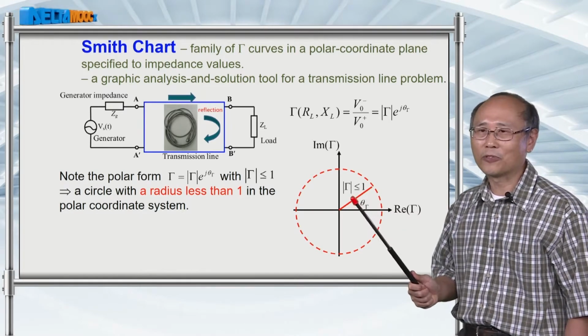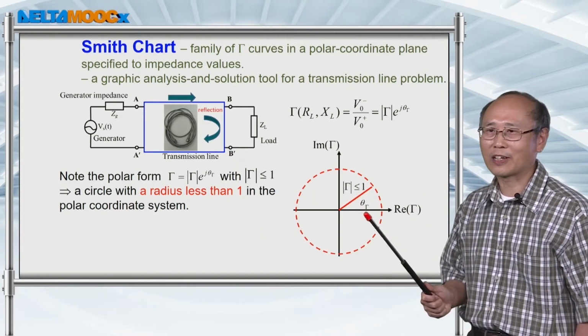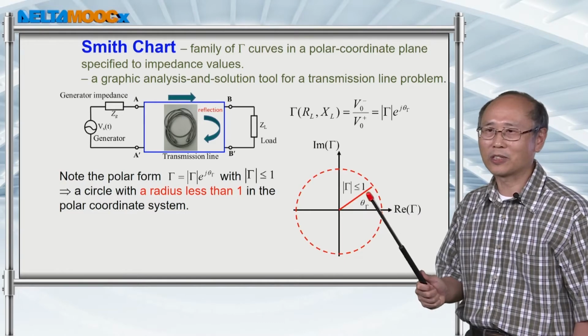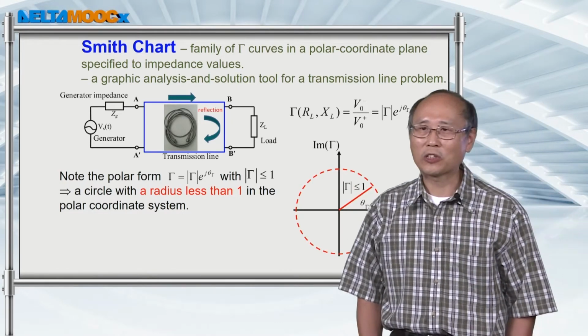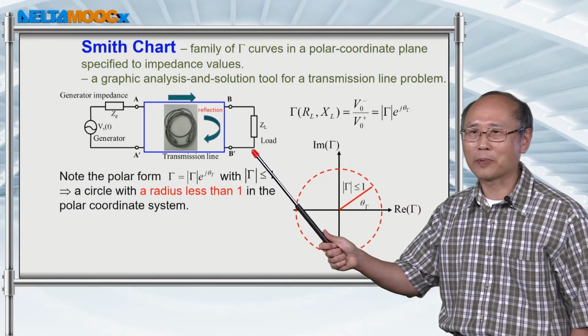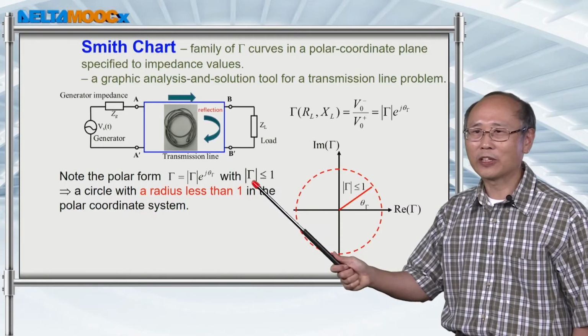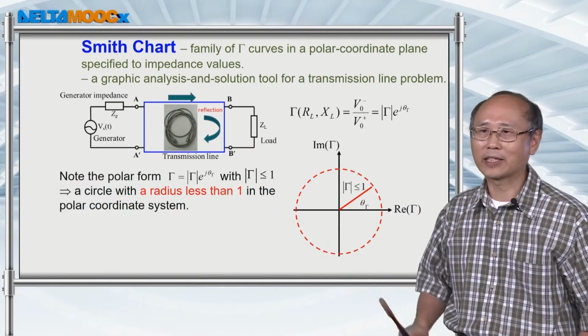If you walk along this transmission line, this reflection angle will change, so this gamma always falls on this circle. Because the reflection signal cannot be more than 100%, the absolute value of gamma has to be less than 1.